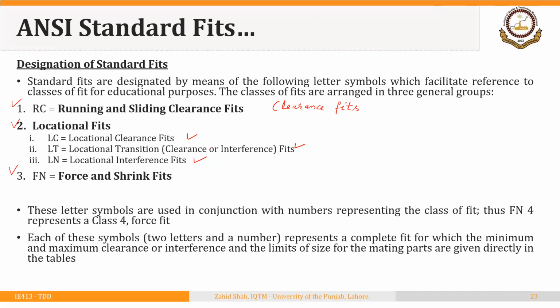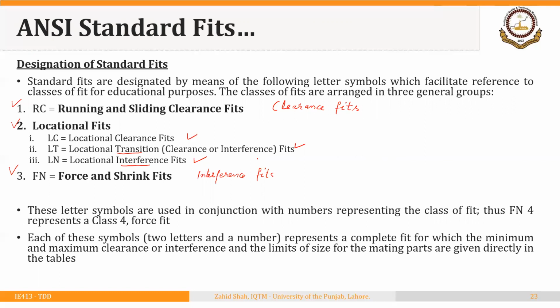LC fits under locational fits are all clearance fits. LN fits are all interference fits, and LT are all transition fits. FN or force and shrink fits are all interference fits. All classes under FN fits are actually meant to design interference fits.